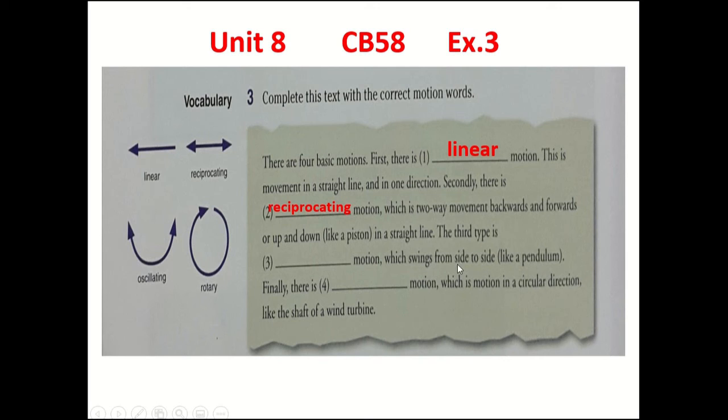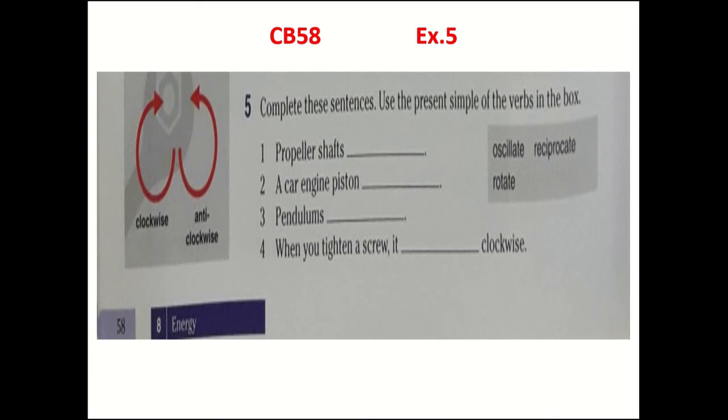And now you have side to side, like a pendulum. Very good. And the last one, the word we're looking for, read. Circular direction. Very good. Good. Now let's go to the next exercise.